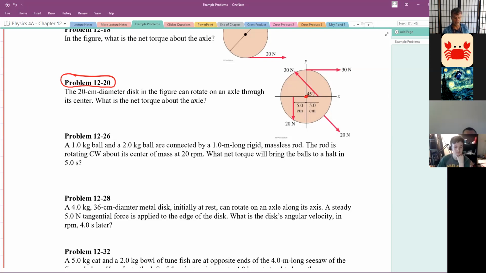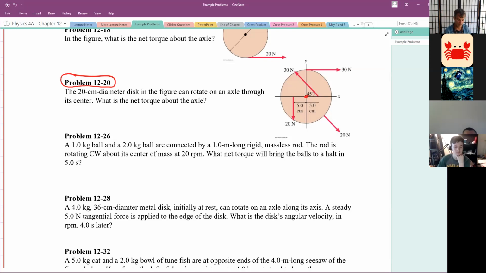Quick question for you: how many of these are producing a positive torque? How many are producing a negative torque? And are any of them producing 0 torque? Take just 30 seconds, and then that'll sort of be the end of today's lecture, and then I'll open it up for office hours.